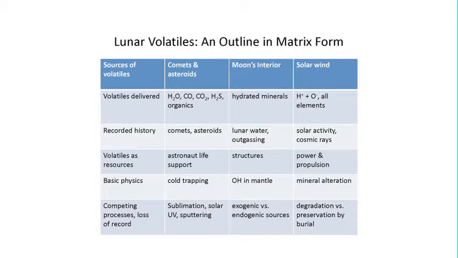Competing with the volatiles trying to get to the cold traps, or not trying to, but randomly getting there, the gauntlet is that solar UV is going to ionize them or dissociate the molecules. Once they're there, they can sublime and sputter. I was going to talk about that separately, and then talk about water from the moon's interior, which seems to be hydrated minerals that get outgassed.